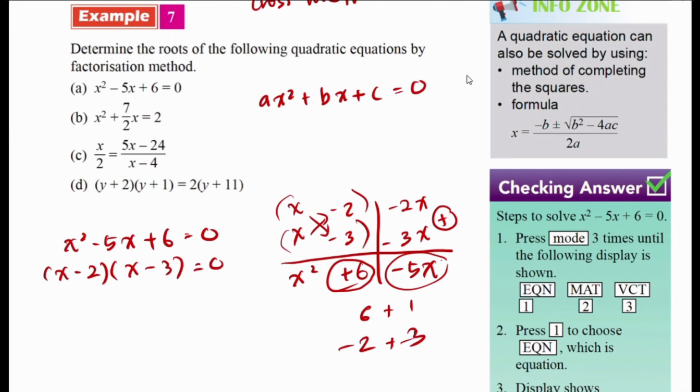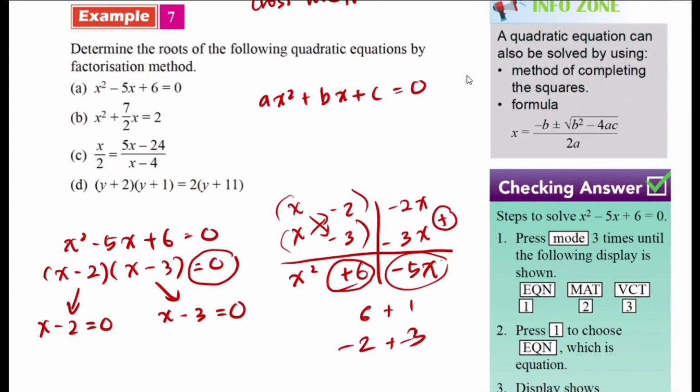How do we find the roots? Like I said, the root is actually the value of x. So to find the value of x, we simply solve this one by one. So x minus 2 is equal to 0, and x minus 3 equal to 0.